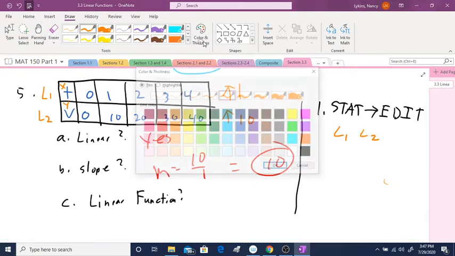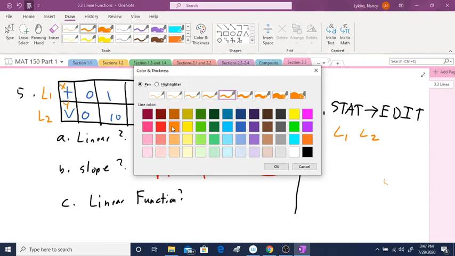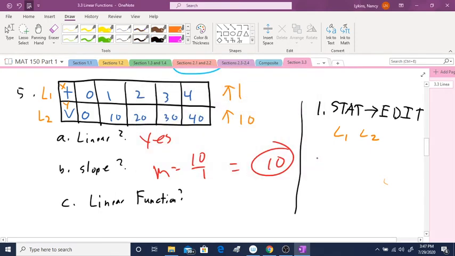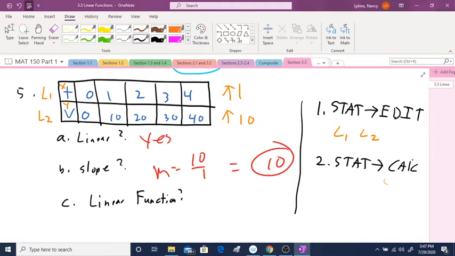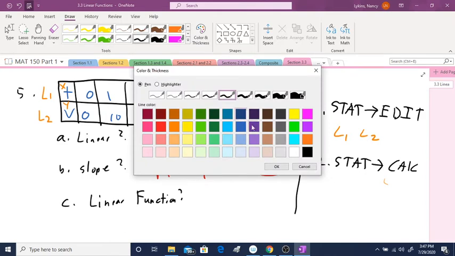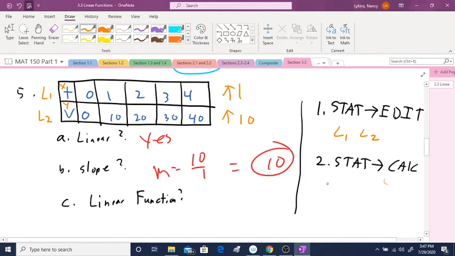Okay, so once you enter those in, you need to hit the stat button again, and this time do calc. Go to option number 4, linear regression.